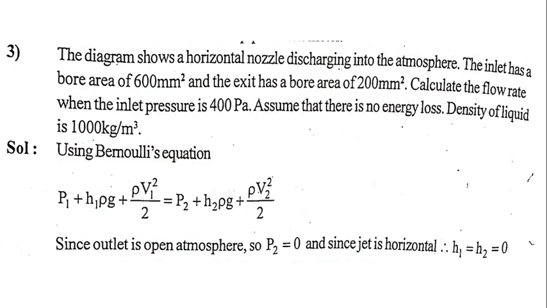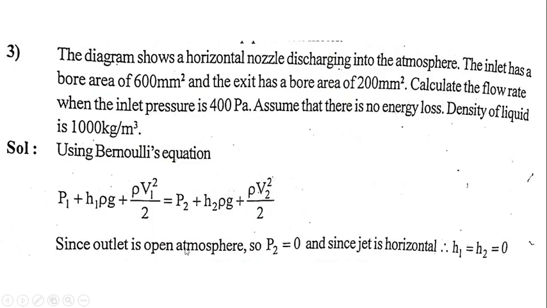So we know Bernoulli's theorem equation: P1 plus H1 rho g plus rho V1 square upon 2 is equal to P2 plus H2 rho g plus rho V2 square upon 2.